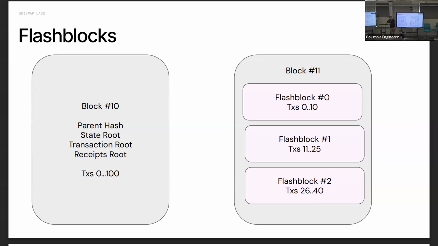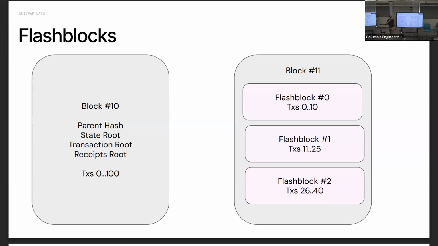The transactions are already confirmed in the sense that we know that there are no conflicting transactions. Yes, there will be no conflicting transactions, and we know the final execution of the transaction once we have a flash block.